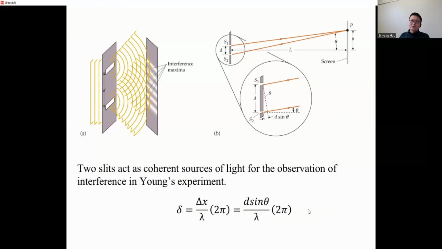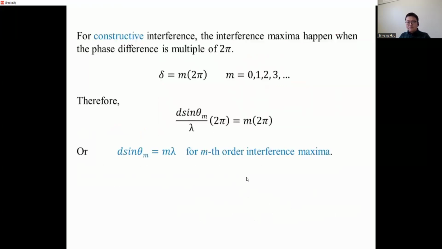And if that equals pi, 3 pi, 5 pi, so odd number multiples of pi, then you get destructive interference. You will see dark fringes. So for constructive interference, the condition is the phase difference equal to multiples of 2 pi, where the phase difference is d sine theta over lambda times 2 pi.